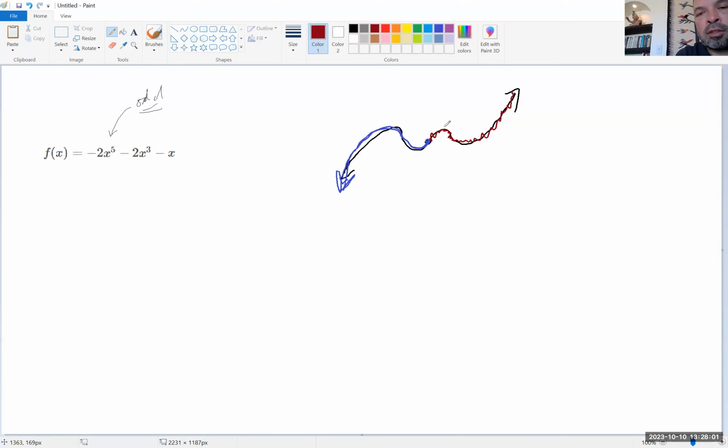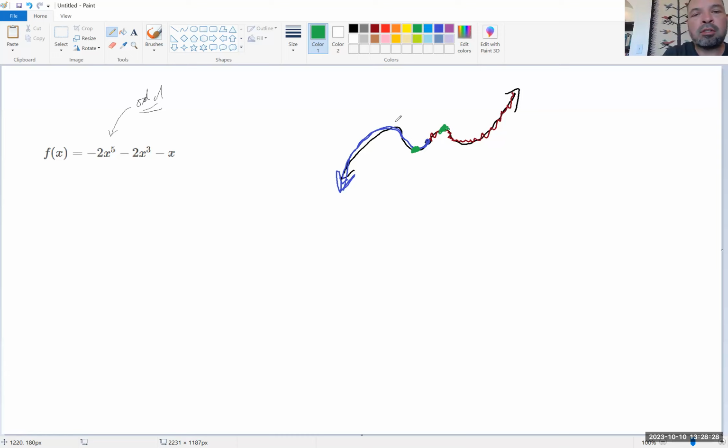So you can see that all of these points that are, say, here, have a related point that has an opposite x and an opposite y.